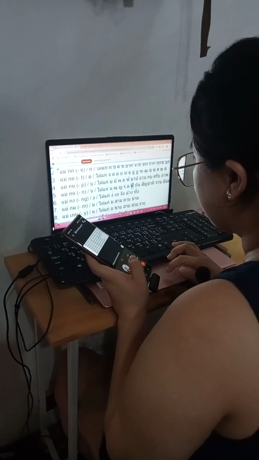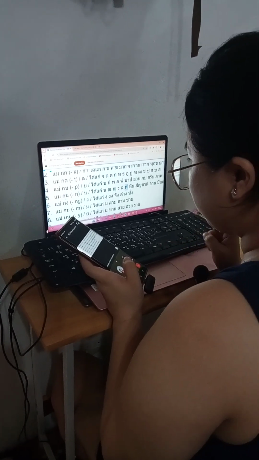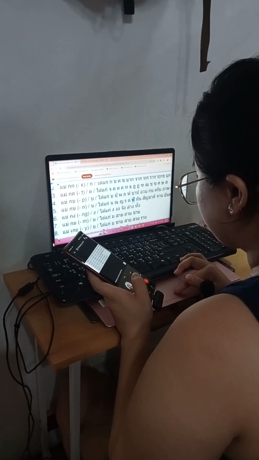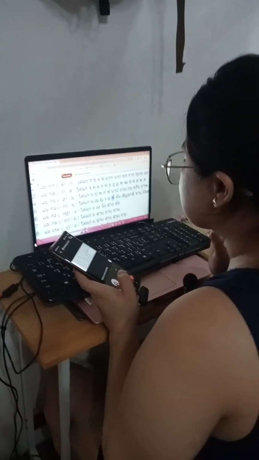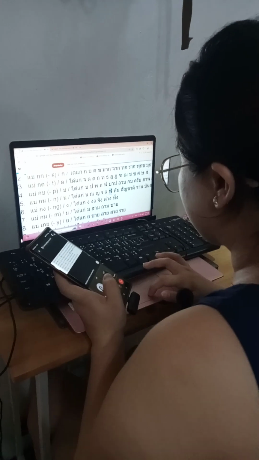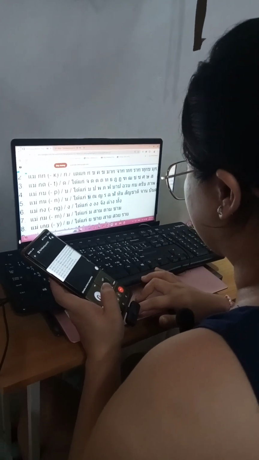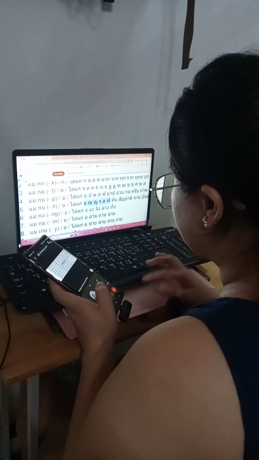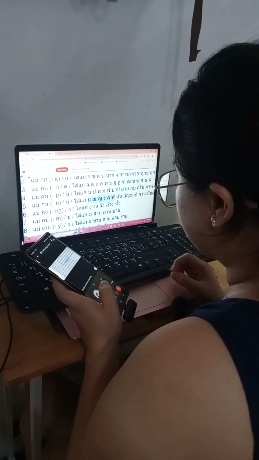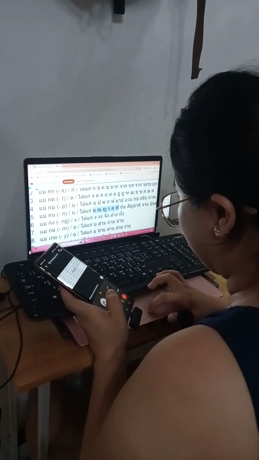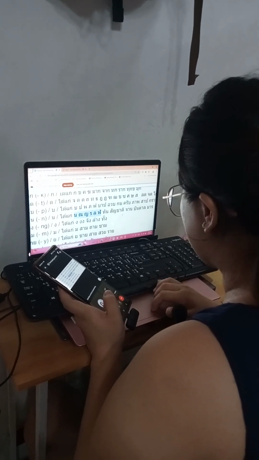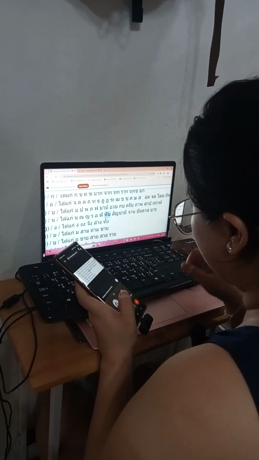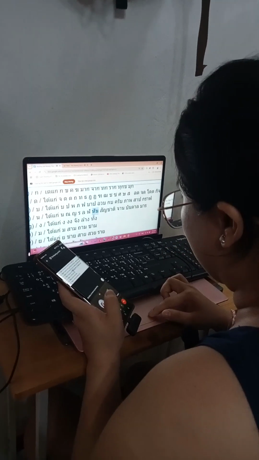Okay, so again, for mekon, the group of mekon, we have 1, 2, 3, 4, 5, and 6. 6 letters or 6 consonants that whenever you see these letters at the end of the word, these letters will create the sound of no or M. Okay, so just for example, this one, this is ho, and then it becomes han, no, no. It means this is han.